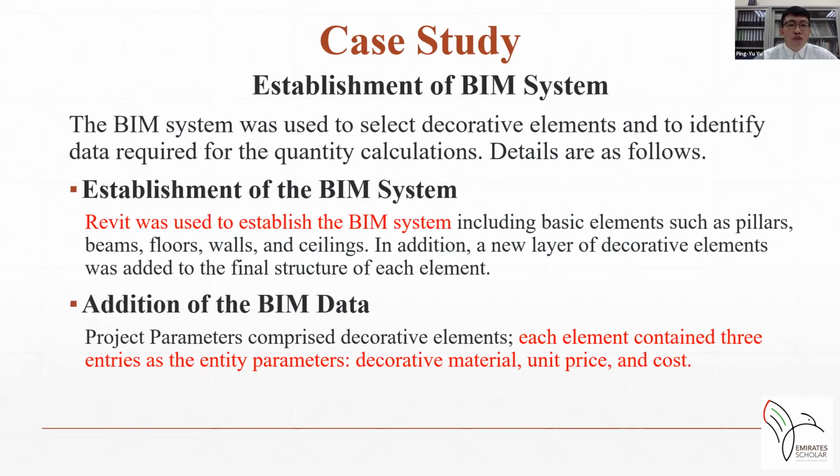Revit was used to establish the BIM system, including basic elements such as pillars, beams, floors, walls, and ceilings. In addition, a new layer of decorative elements was added to the final structure of each element. Addition of the BIM data. Project parameters comprise decorative elements. Each element contained 3 entries as the entity parameters: decorative material, unit price, and cost.